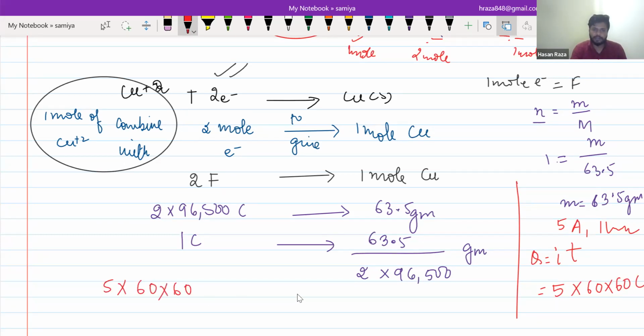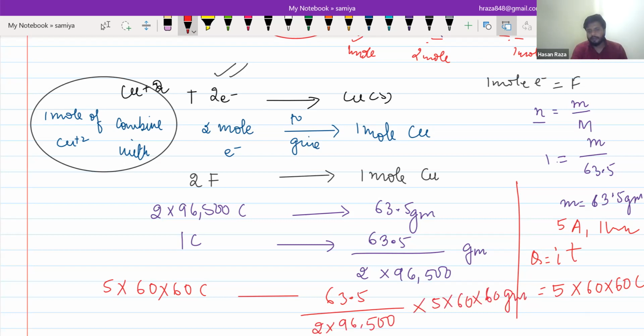In this charge, 63.5 upon 2 into 96,500 into 5 into 60 into 60 gram. And when you solve it, it will be approximately 5.9 gram, or 6 gram.